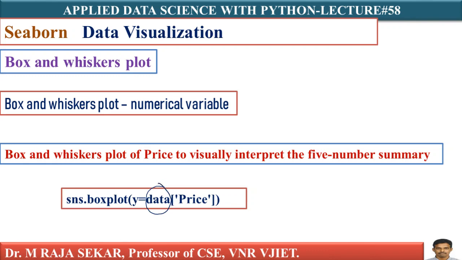And we have given that under the argument. Here sns is the Seaborn library's alias, and boxplot is a function from that particular library, with y equal to data of price. This data is my data frame name, and price is the attribute name or column name or variable name in the Toyota.csv file, isn't it?